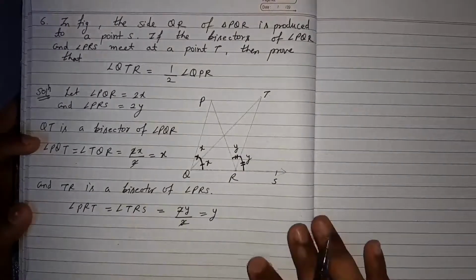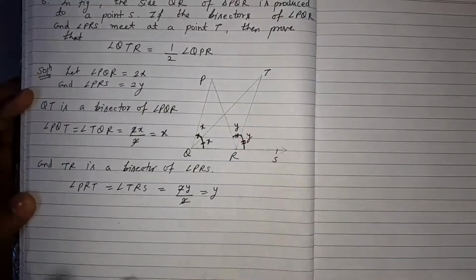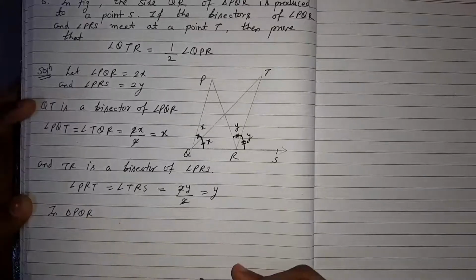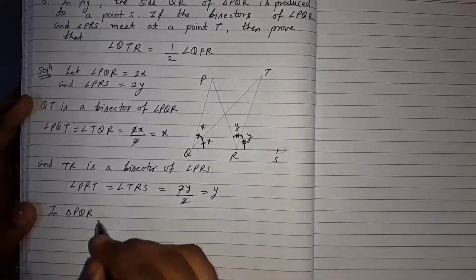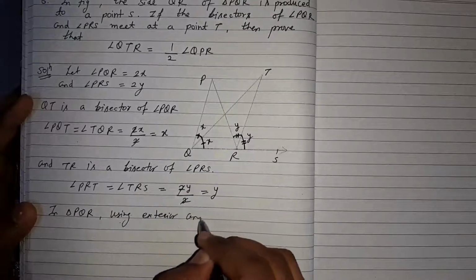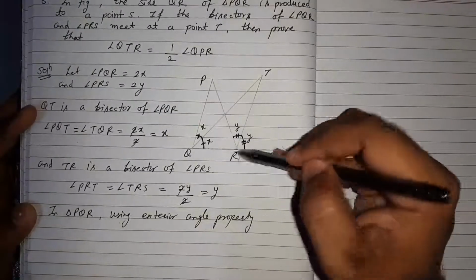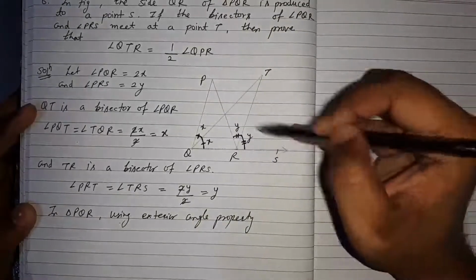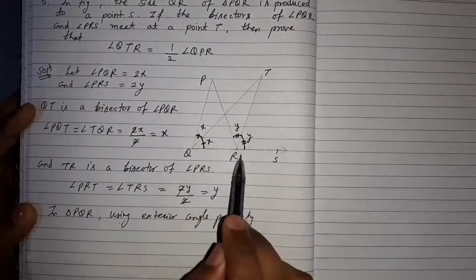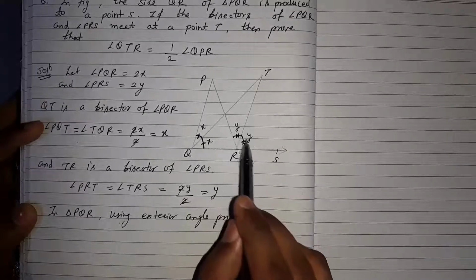Now see the figure. In triangle PQR, using the exterior angle property, angle PRS is an exterior angle, and this exterior angle is y plus y, that is 2y.